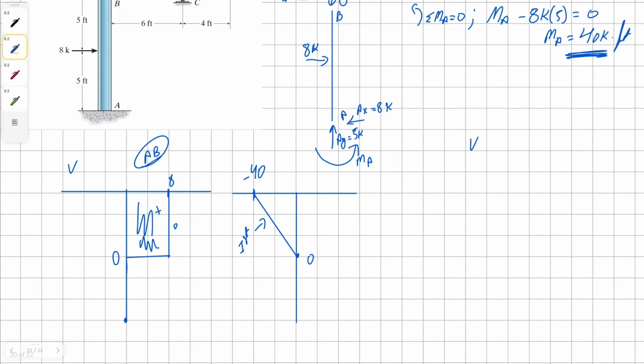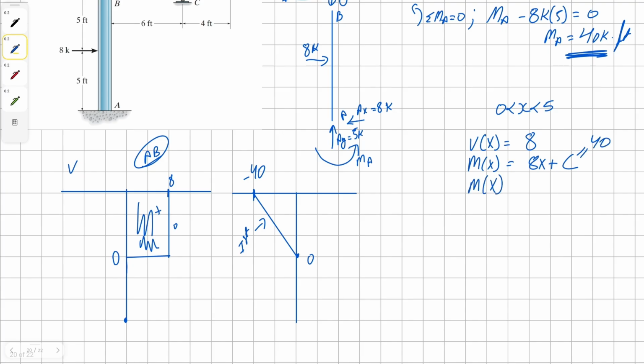So we know that our shear equation is going to be just 8 for the section 0 to 5 feet. And then our moment is simply going to be 8x plus c. And we know already that our moment is 40 when x is 0, therefore our c is 40.